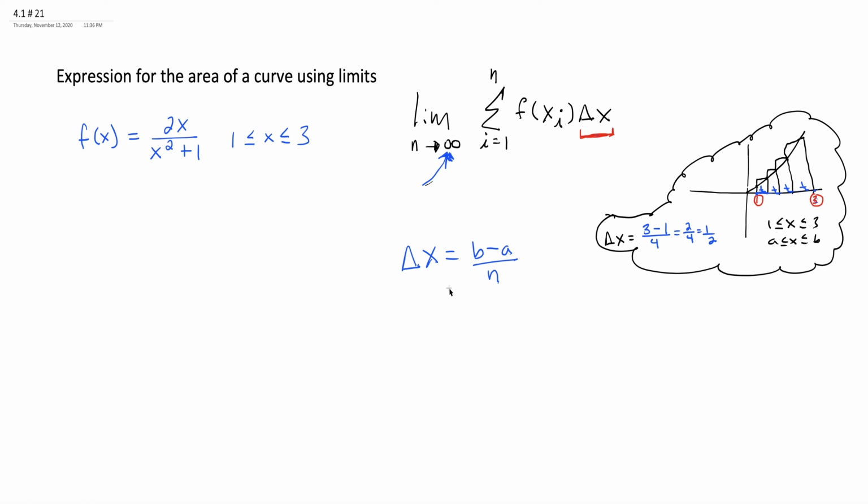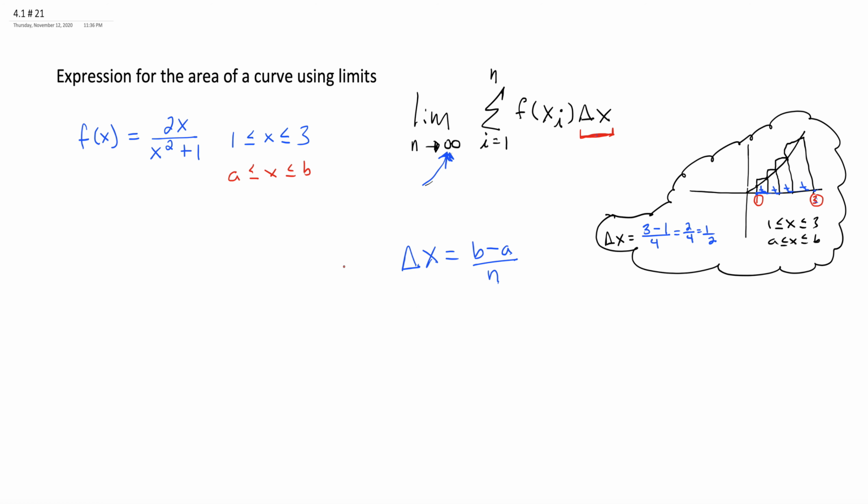Okay, back to our problem. Well, we know here that we're going to go from 1 to 3. That means that that's our A and that's our B. Great.